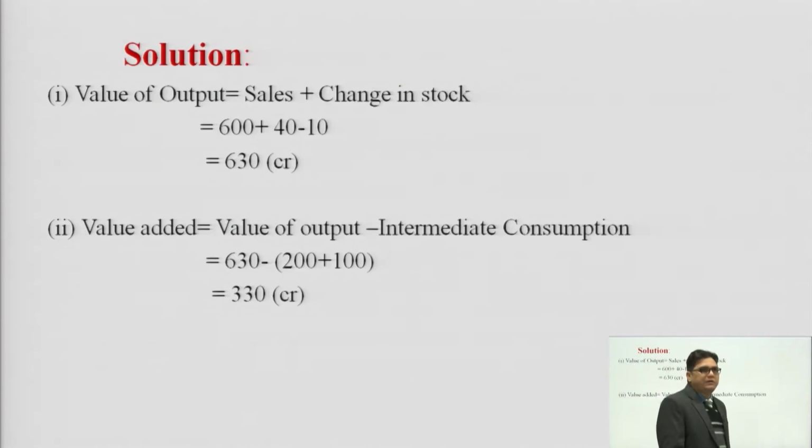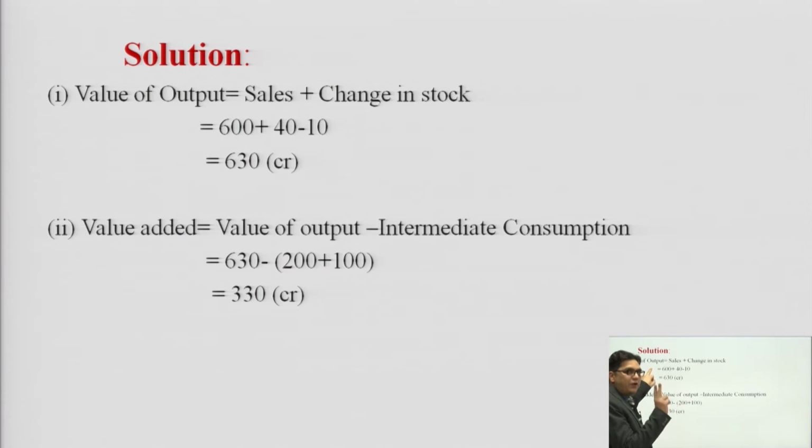This is how we first need to calculate the value of output, and the formula for value of output is sales plus change in stock. Our sales figure is 600, plus the closing stock 40 minus the opening stock 10. The total comes to 630.